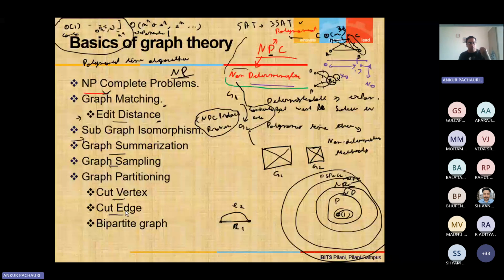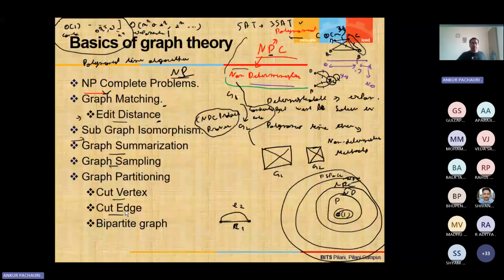If I'm removing a node, then all the edges associated with that node will also be removed. That's an obvious thing. So if those set of nodes are removed and the graph becomes disconnected, that set of vertices is called a cut set. Those vertices will be called cut vertices if they are multiple.